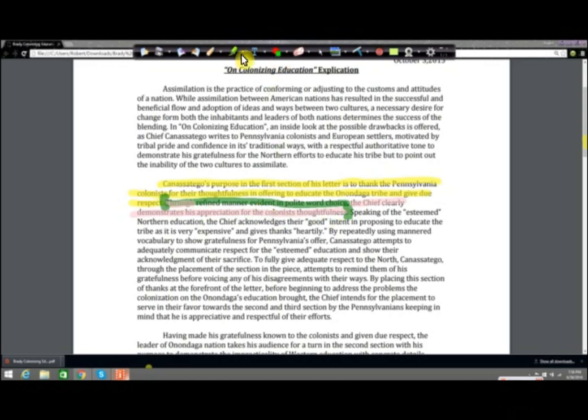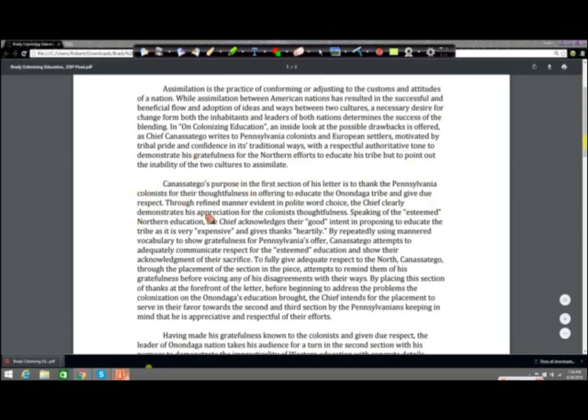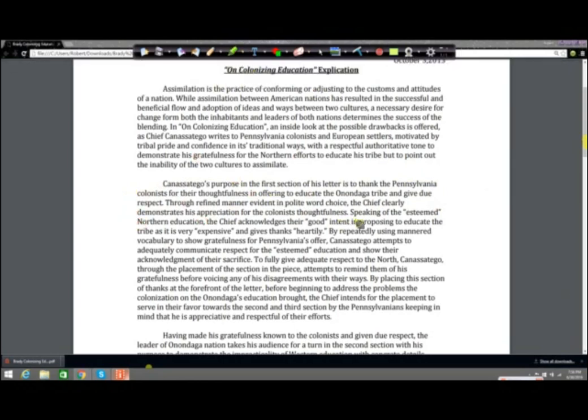So you can go on and then move to your next rhetorical strategy. And this is what they've done here. They do a little bit of summarizing. They say, speaking of the education, the chief acknowledges its good intent in proposing to educate the tribe. It's very expensive, and he gives thanks heartily. Here they're tying in quotes, and you always want to use quotes. Don't quote an entire paragraph, please, because it will get you a bad grade.